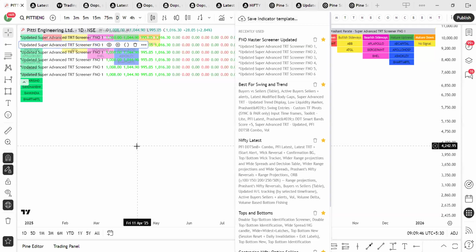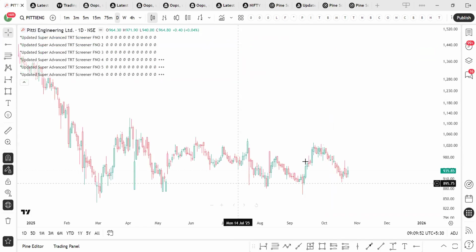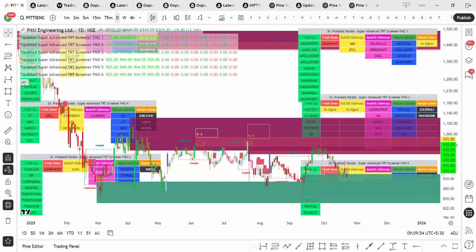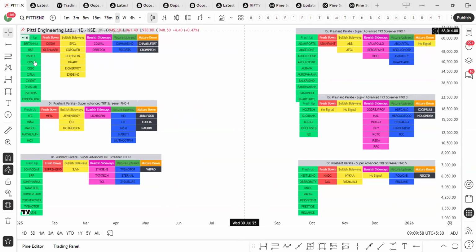Once you save it, it will come up here, and whenever you click on that indicator template, your template will open. See, now this template has opened all the 6 screeners which I saved earlier. It's just a one time process and you will get all the names immediately. You can take a screenshot of this and analyze these stocks.